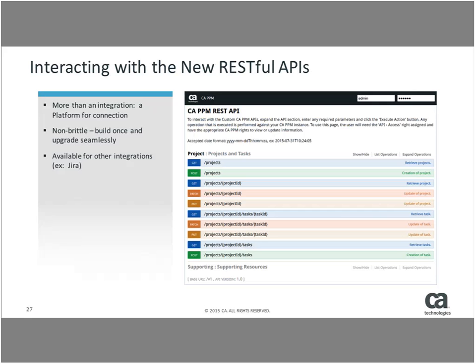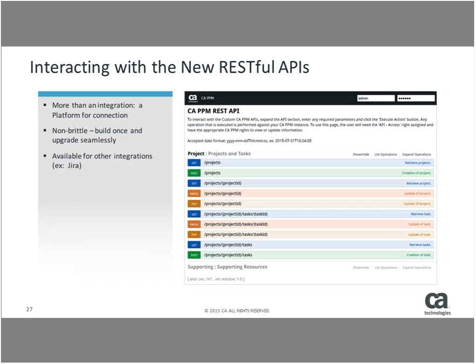You can see here that this is the screen you'll get if you want to exercise those APIs and test out how they work. It is a live screen, so you'll notice there's a login at the top. If you log in and you start moving information on this screen, it will actually do reads and updates from your system. But we find that it should also make your integrations very robust, because what we are basically saying here is that it is our contract with you that we will not change these interfaces.